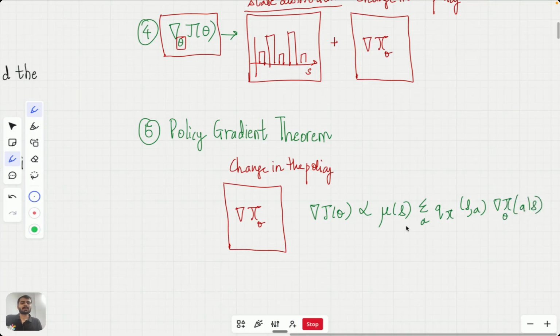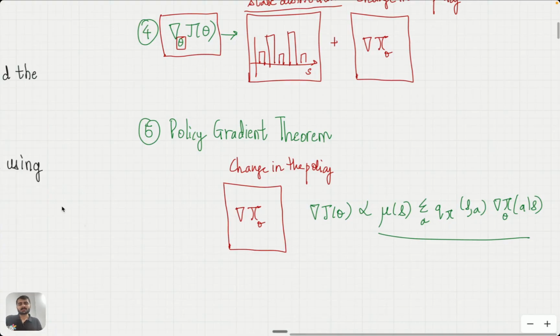So essentially it only depends on the gradient of the policy. It does not include the gradient of the state distribution itself, and this was a very powerful result for us.